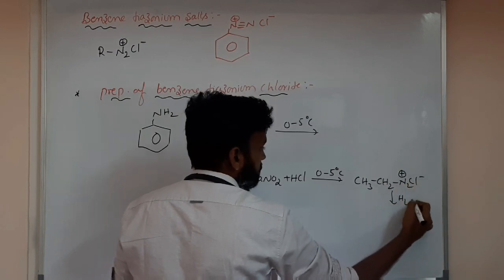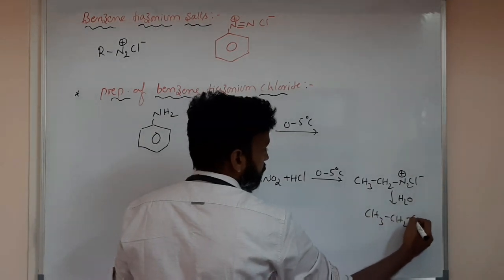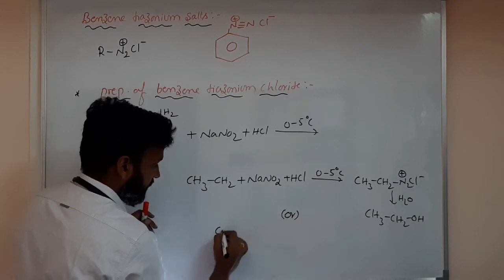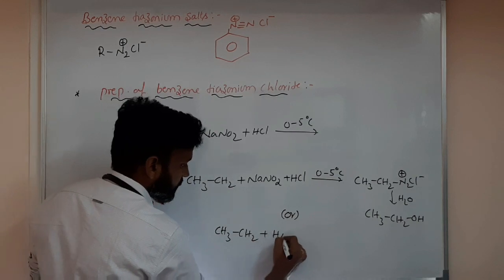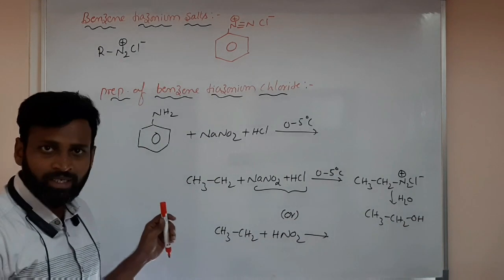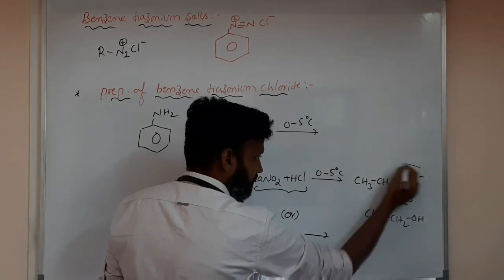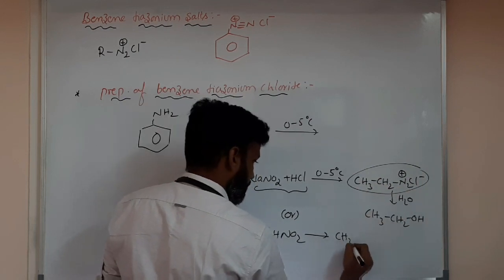Further on hydrolysis you get CH3 CH2 OH. Do you remember? The same reaction directly we learn with HNO2, which forms from these two when combined. Here the intermediate will be ethyl diazonium chloride.